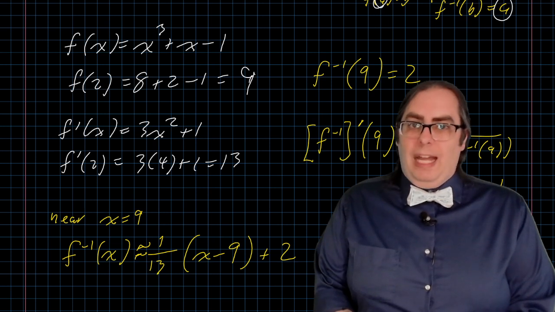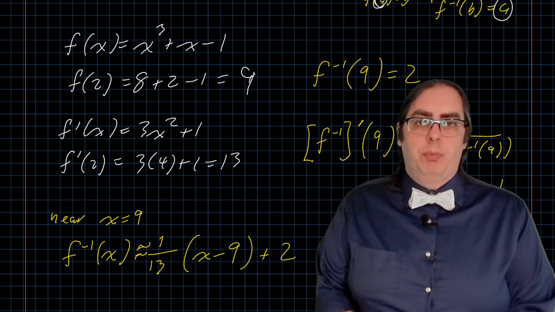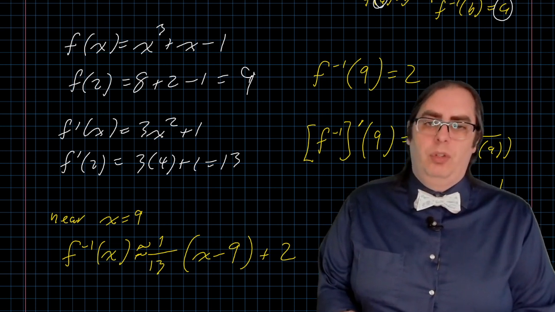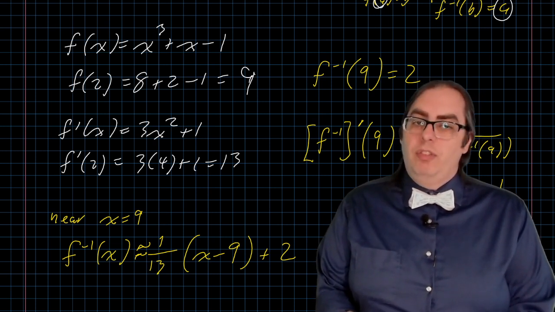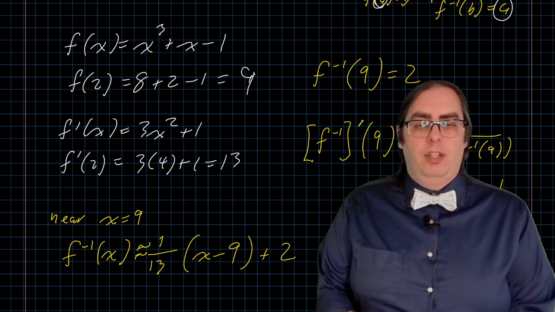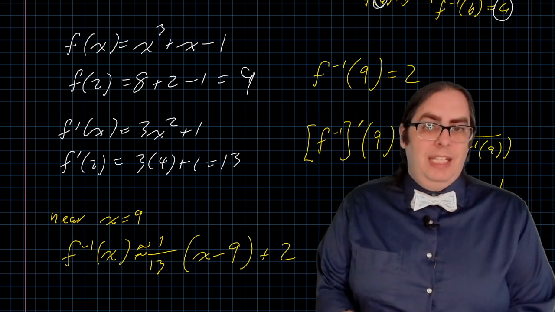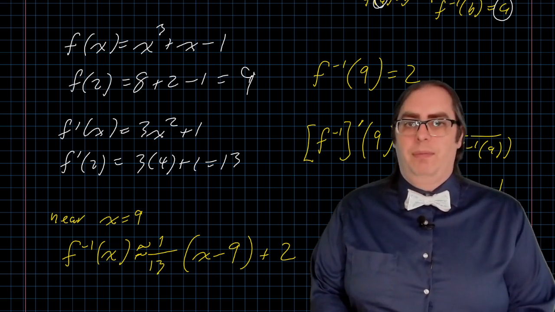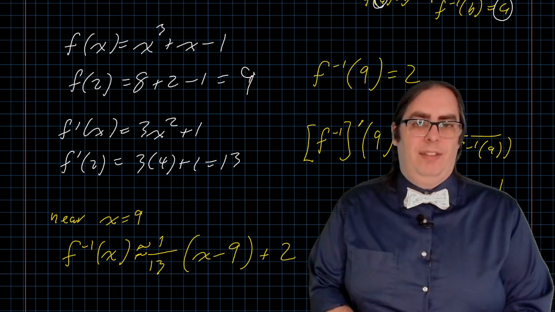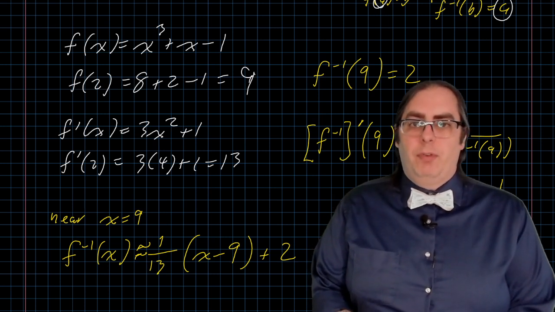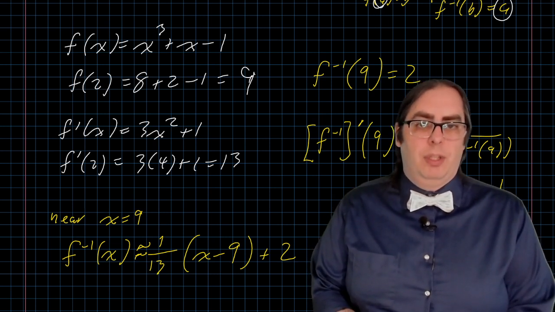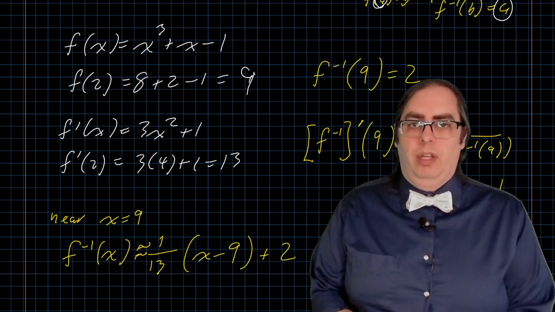And if you really have to get high precision, you can repeat this process. If you're lazy and you really want this to work out, you can design a computer program to repeat this process for you. And you can get a pretty exact value of an inverse function even if you can't write it out. Right? It's not what we call an exact value in mathematics, but for engineering, physics, chemistry, computer science, well, exact values are completely useless in most cases anyway.